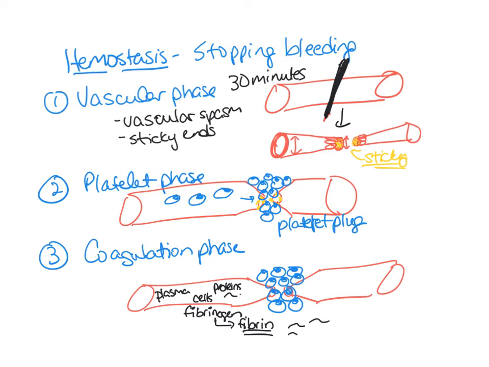So now we've got these little fibers in the blood, and then these little fibers get to where this platelet plug is, and they start to intertwine their way in between all of those platelets, those little fragments of cells, and pretty soon what we end up with is what we call a blood clot. Okay? So this blood clot occurs.